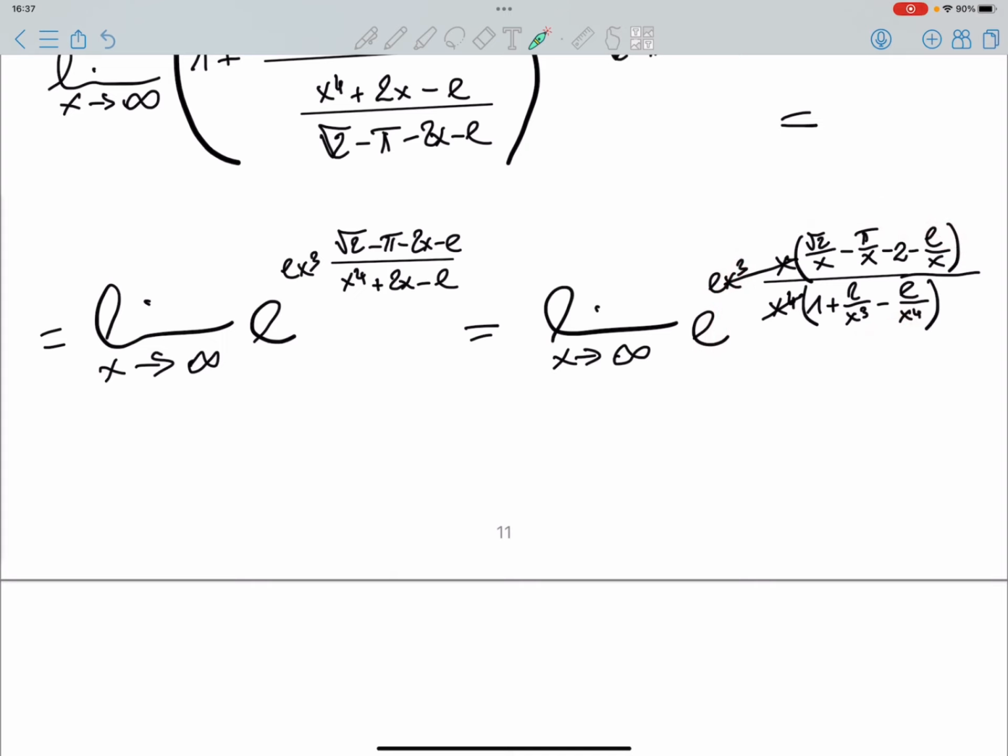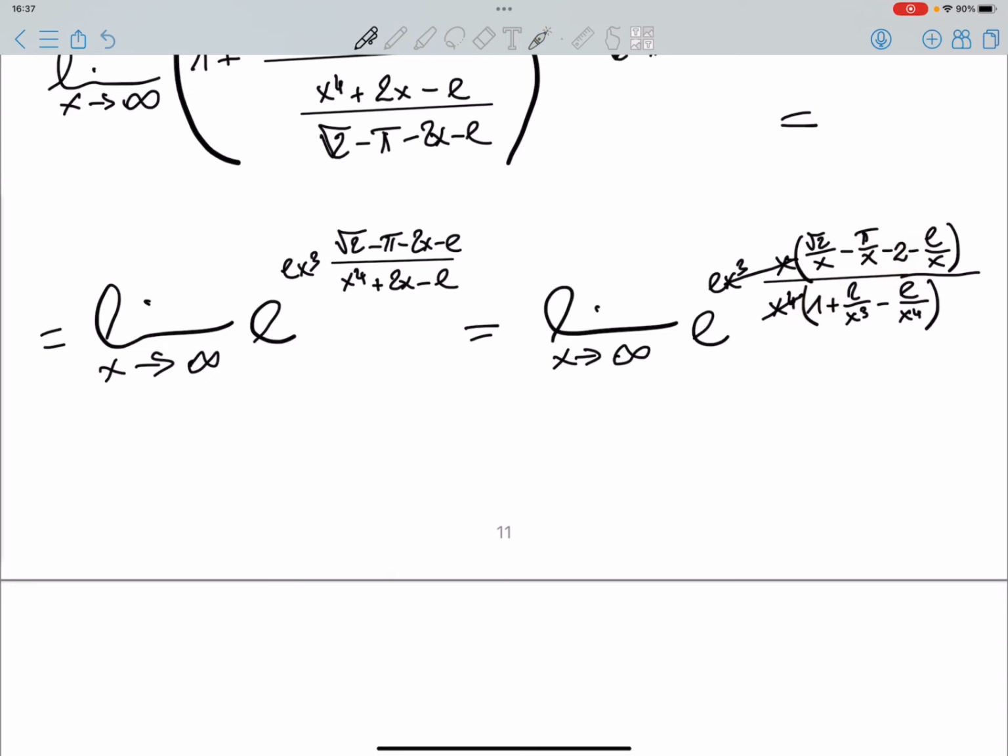Now here, if we substitute infinity inside, we have square root of 2 over infinity, which tends to 0. This one also tends to 0, this one tends to 0, and same here. So we remain with just this and this.